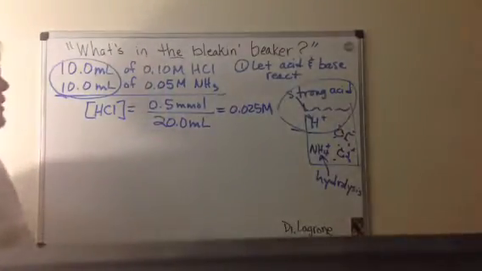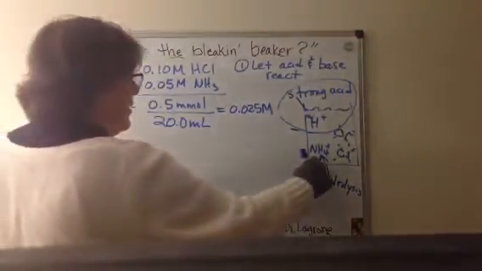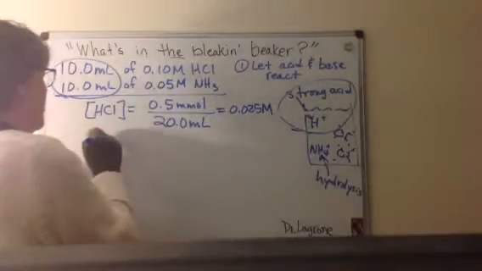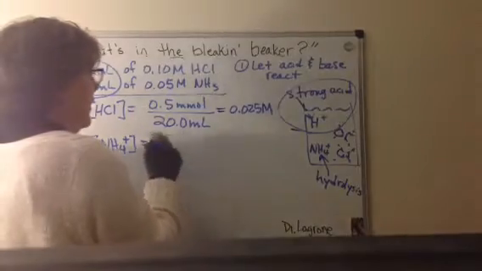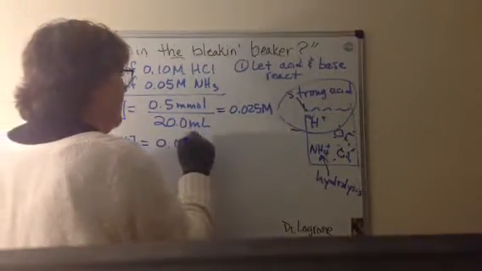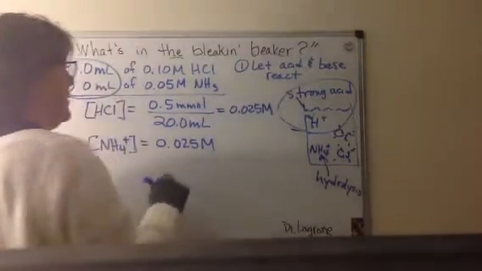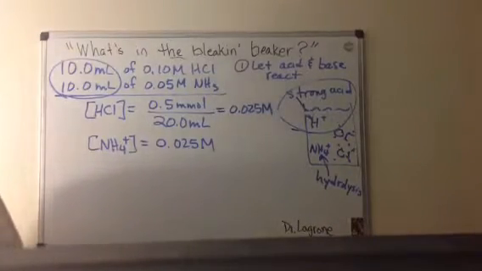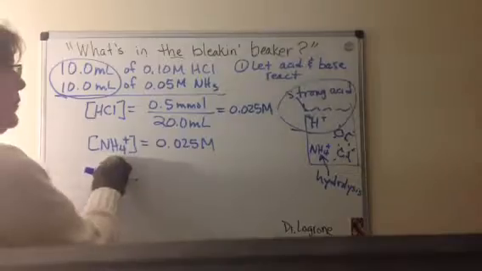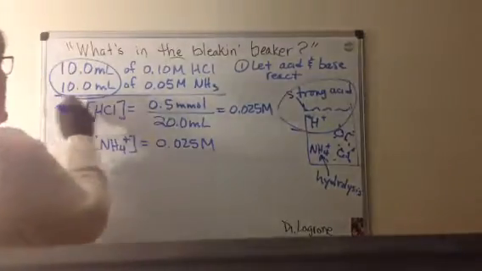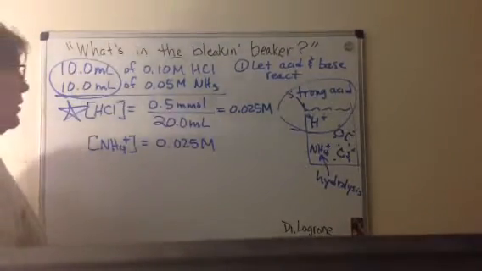And I'm not even going to go get the concentration of that. It's going to be the same concentration of ammonium ion because you have the same amount left, also 0.025 molar. Now that's just a coincidence. It's because I ended up with 0.5 millimoles of this left over and 0.5 of this left over. But which one dictates pH is this one.